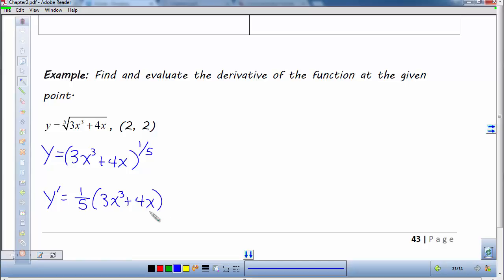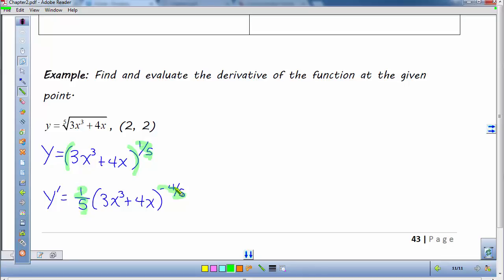If I subtract 1, I get what? Minus 4/5. So my outside, I didn't highlight it, but the outside is the power, right? So we dealt with that. Inside stayed the same while we did that. Now I take the derivative of the inside, and so we get 9x squared plus 4.